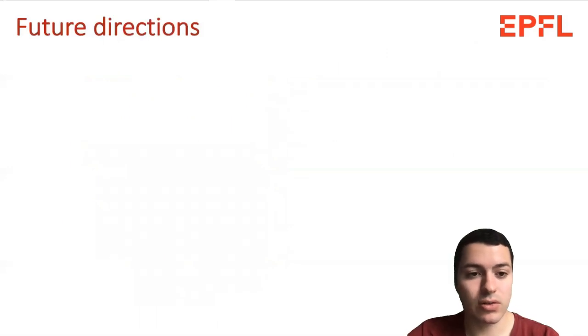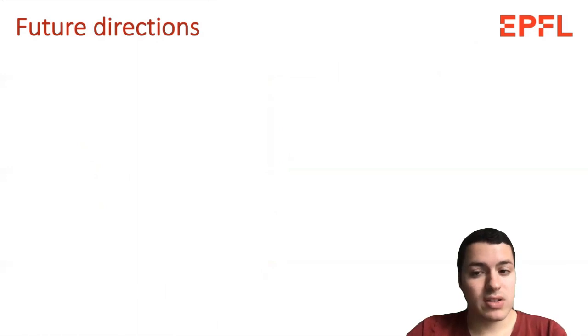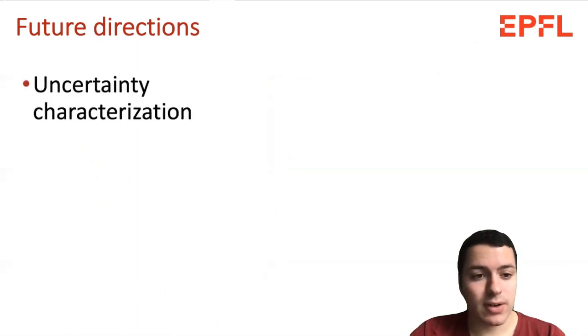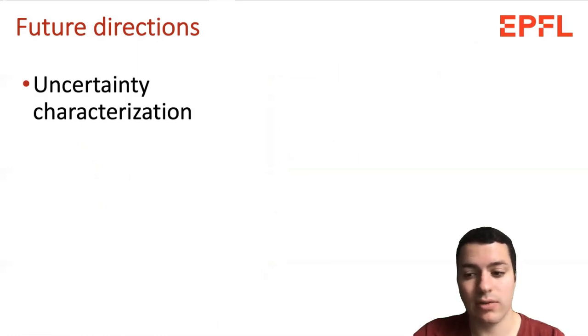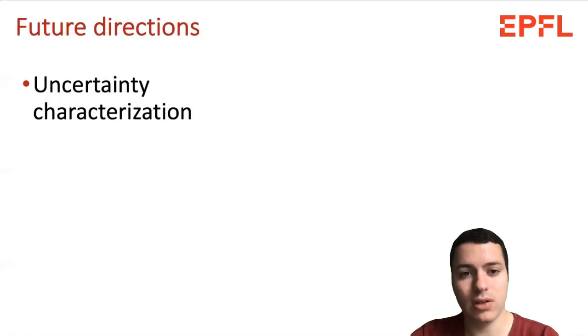Now, the work is not over, even though the results are promising. There is still some work to do on the uncertainty characterization. I mentioned there was some error, but it would be nice to have an indication of how much error there is. And this is usually given by the covariance of the estimate, since the method is unbiased.